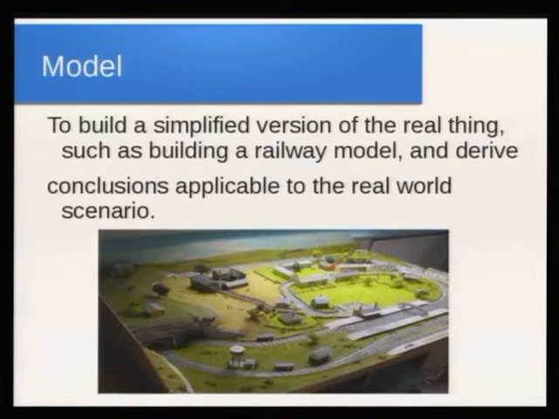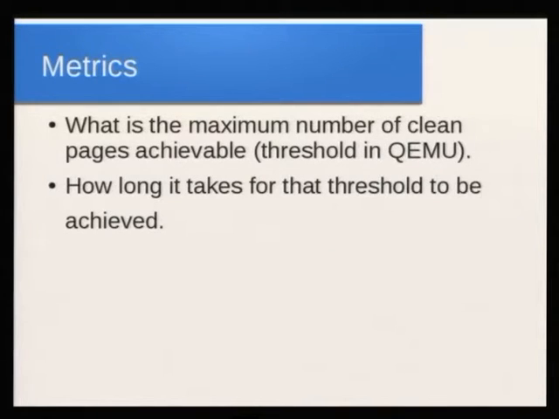In a model, we try to build a simplified version of the real thing, such as building a rail model, and then derive conclusions applicable to the real-world scenario. What metrics are we interested in? Basically, two metrics: what is the maximum number of clean pages achievable, and how long it takes for the migration threshold in QEMU to be achieved.